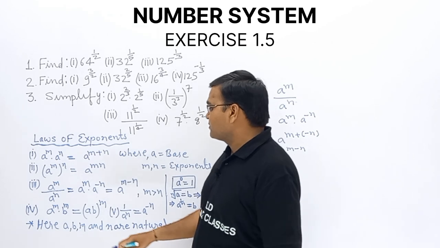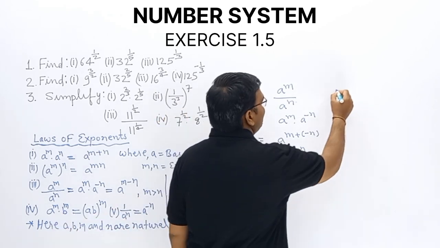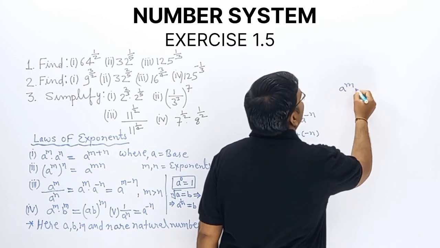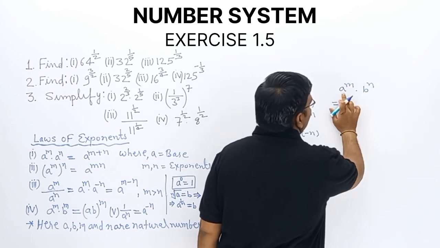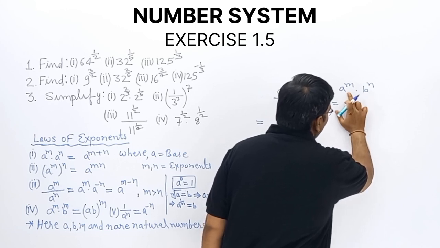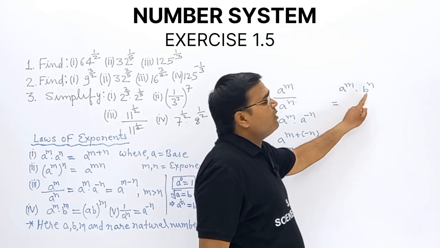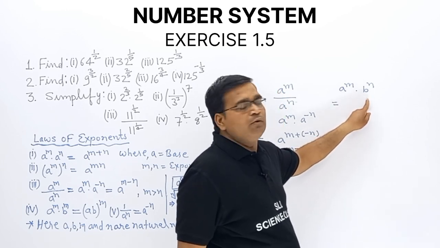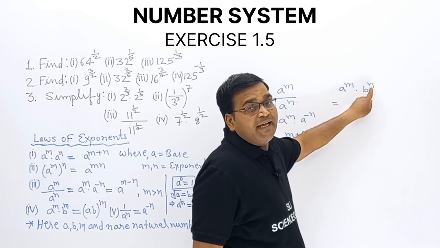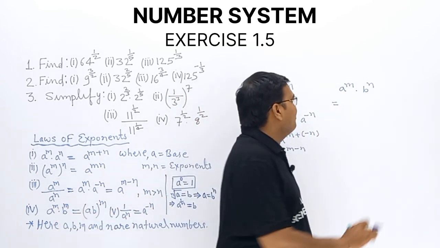Now next one. Observe this one, a power m into b power n, in which a power m and b power n are multiplying. So in both we are having unequal bases. Then what will we do? Not n, there is a power m into b power m.